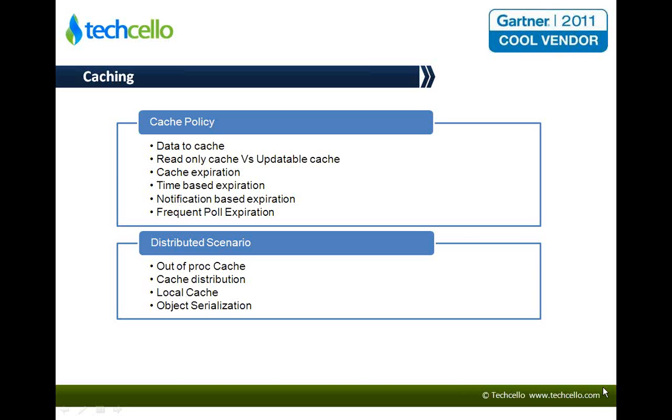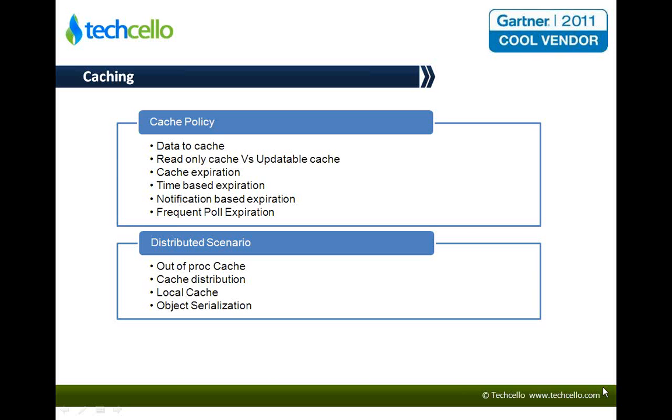The good news is you don't have to do all of these by yourself. There are good products available, or good blocks available, that help you in doing it. For example, if you take .NET, there is a huge support for it from Windows itself. Windows AppFabric Cache is something that you can use, which is distributed in nature.